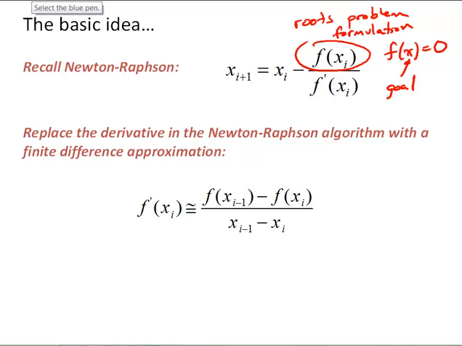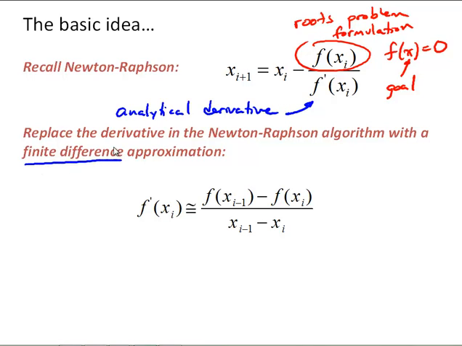So, one of the issues with Newton-Raphson that I identified at the end of that video was this calculation of the analytical derivative and the fact that sometimes that can be a bit cumbersome. And the basic idea of the secant method is to replace the derivative in the Newton-Raphson algorithm with a finite difference approximation.